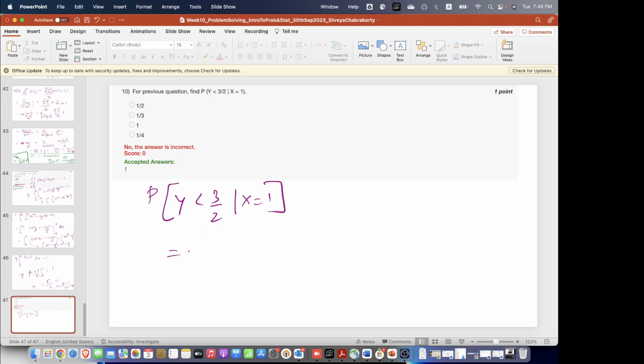So this we can write as probability y less than 3 by 2, x equal to 1, by probability, sorry, so this one we have been given that x is equal to 1.